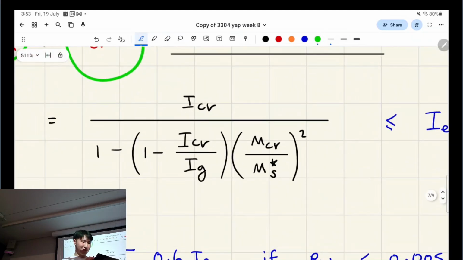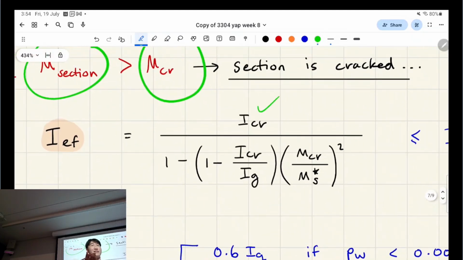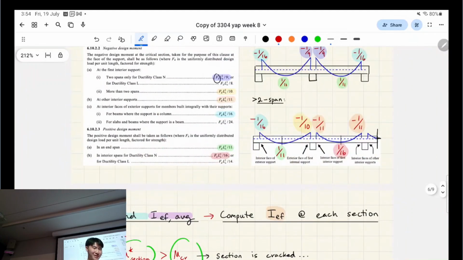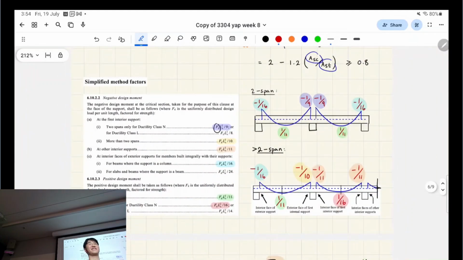Then, okay, we've calculated I cracked. That was in the first step. We've calculated IG, which is in the first step. We calculated M cracked. Okay, so with M star, this depends on the section, correct? So if we have a continuous beam at an end span, just let's say, how many sections are we doing? End span, not interior span.